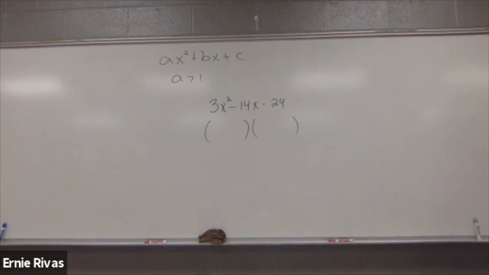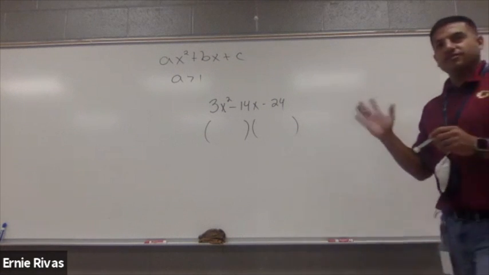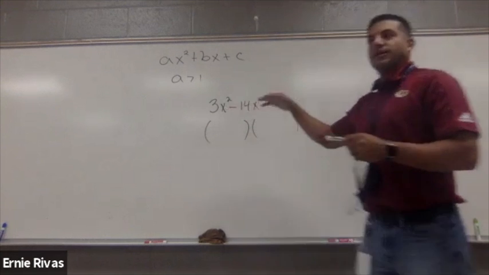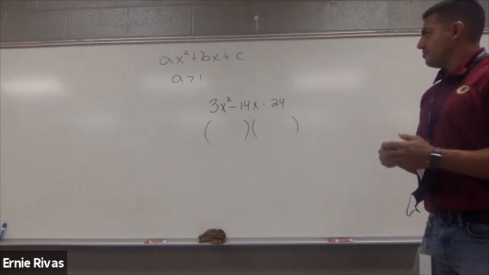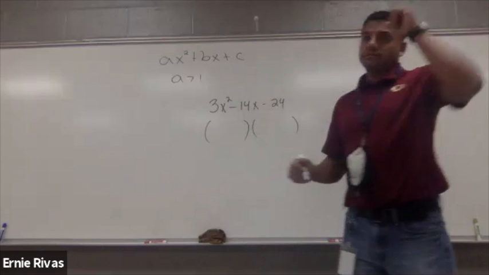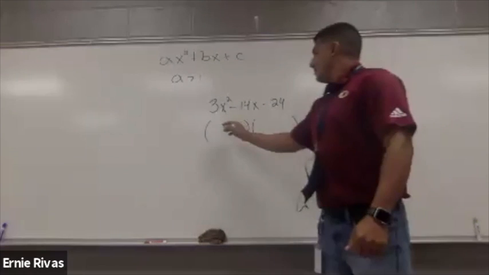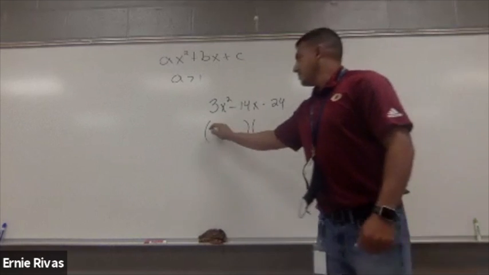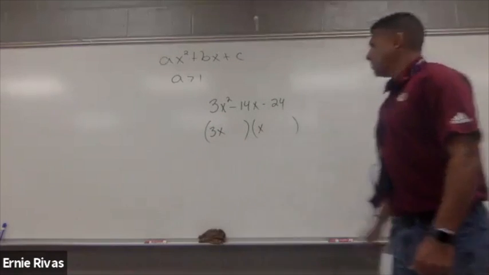Excuse me. All right, so let's go ahead and get started. So how many people thought to check to see if there's a greatest common factor? Not many. All right, so we need to get in that habit, okay? And again, I'm going to do a better job of reminding us. Is there one? No. So how do I get the 3x squared? 3x and 1x, right?